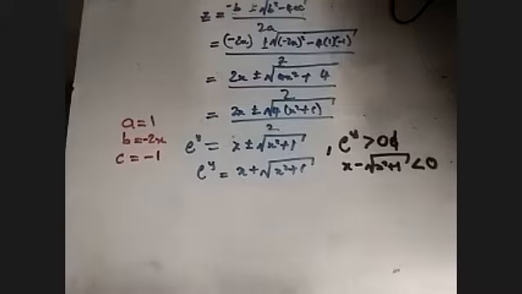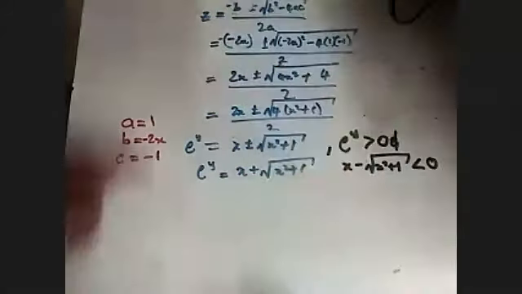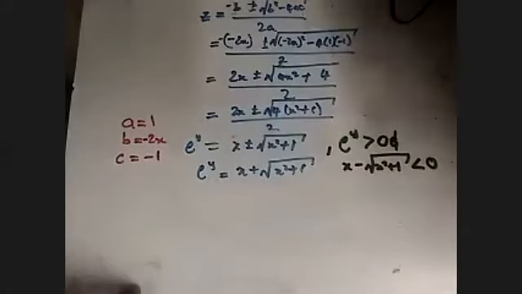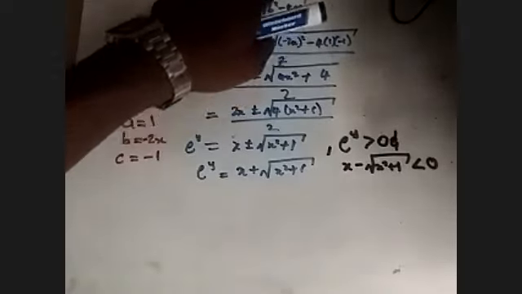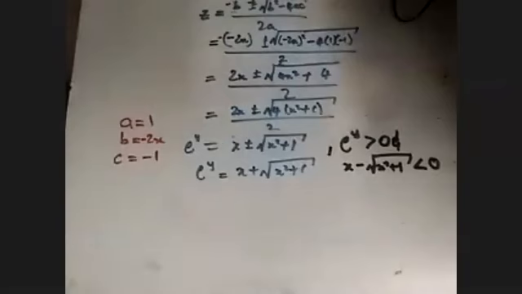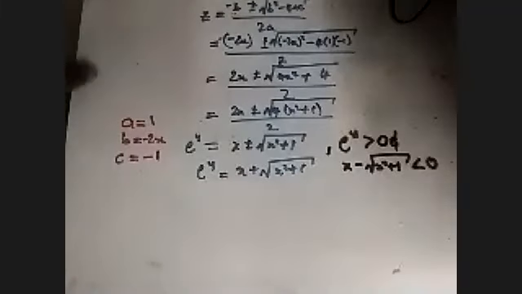Oh yeah, the negative sign, I forgot to write it here, my man. It's negative b plus or minus the square root of b squared minus 4ac all over 2a. That is a positive 2x. I just made a mistake there. I'm sorry about that.